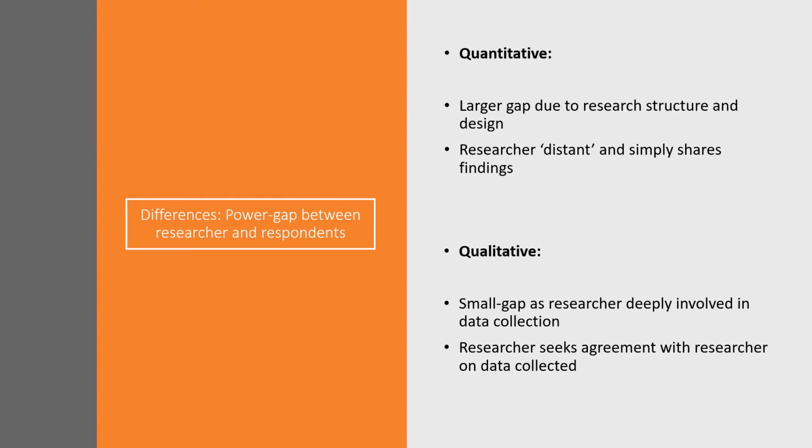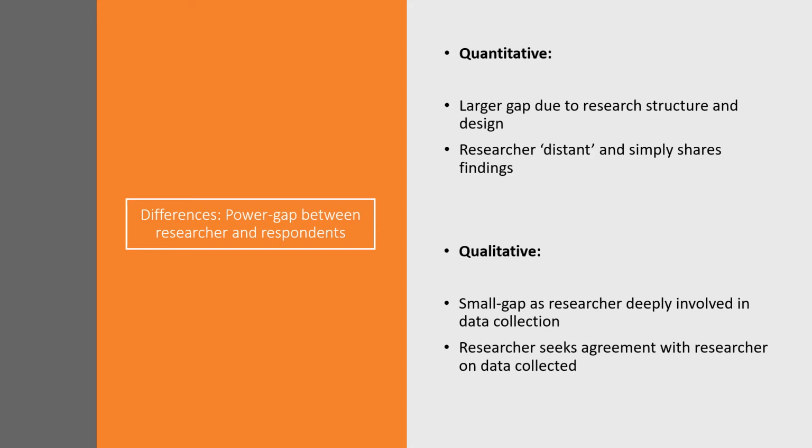That interpretation has to be in concordance, meaning in agreement with the respondent. So whatever the respondent says and means, you have to make sure that you understand it correctly and then you confirm it with the respondent. In quantitative research, respondent concordance or seeking agreement with the respondent does not occupy an important place.